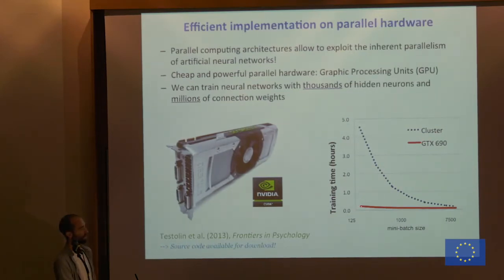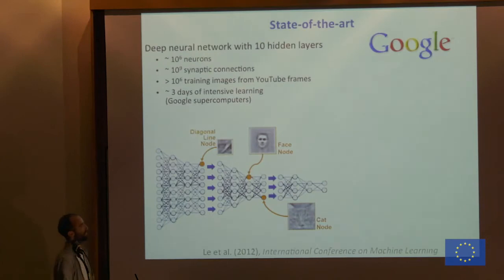We were training the network in 15 minutes rather than the 5 hours required on the computer cluster. And the parallelization was extremely easy. In 1 month of work, I was able to parallelize the whole code. Of course, Google can use supercomputers.